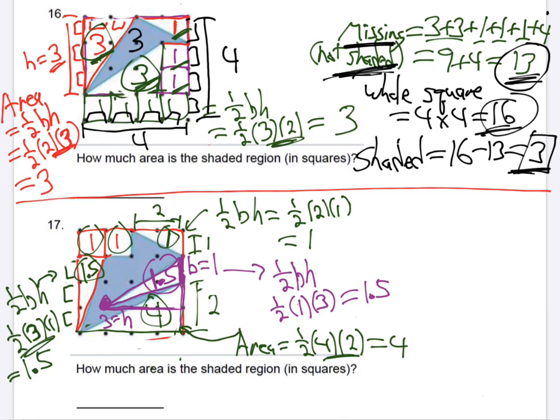So let's total the missing. What are all the not shaded? Let's add them up carefully.